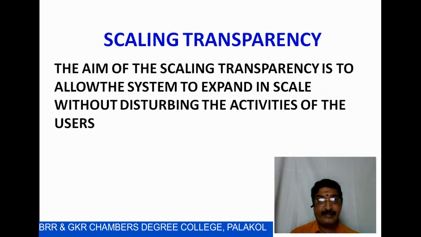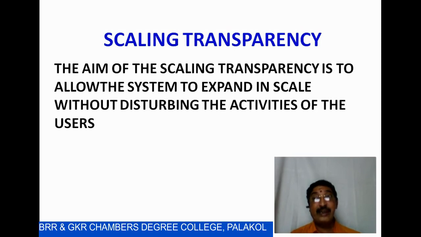Scaling transparency. What is scaling transparency? It's very simple. We must be able to expand the system very easily without disturbing the existing activities. The aim of scaling transparency is to allow the system to expand and scale automatically, without disturbing the activities of the users.